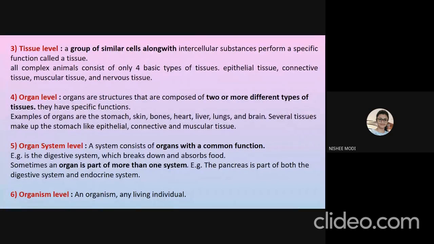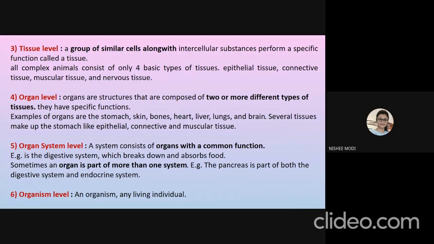This group of cells which have similar function, with intercellular substances, forms the tissue. All complex animals consist of only four basic types of tissue: epithelial tissue, connective tissue, muscular tissue, and nervous or neural tissue.